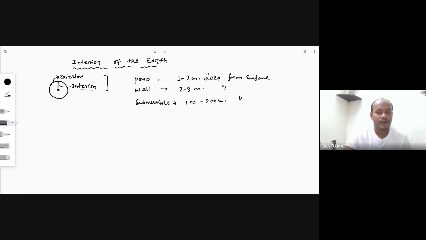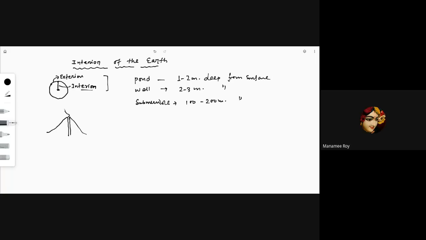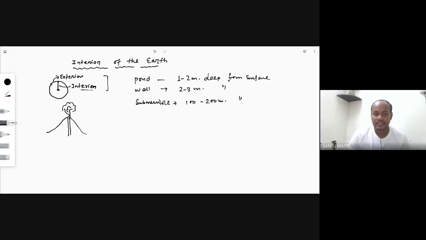There are some other factors, like, I don't know whether you know or not, that there is a particular feature called volcanic eruption or volcano, where the hot magma comes out of the interior of the earth in the form of eruption.